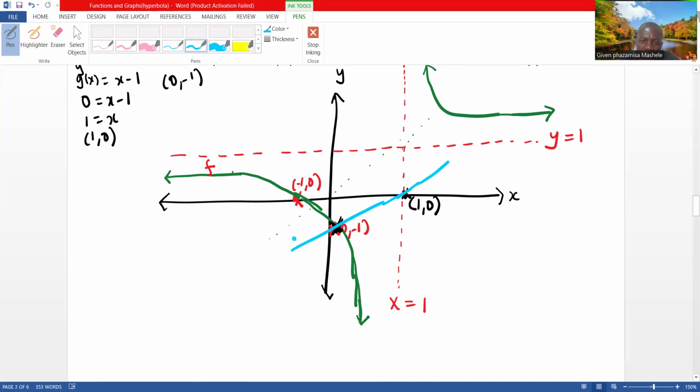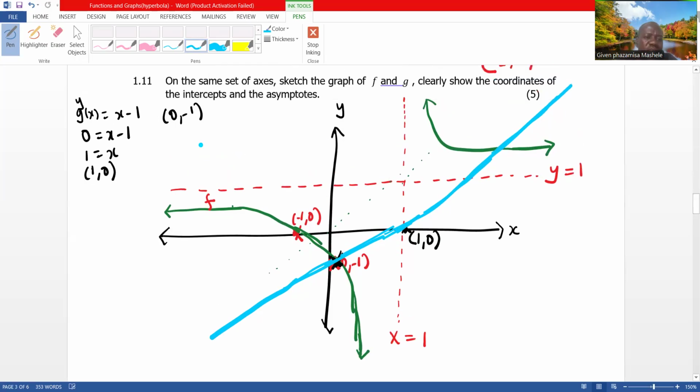So this is our line. So this is the G graph. Okay? Right, you can easily see that the two graphs are actually intersecting at 2 points.